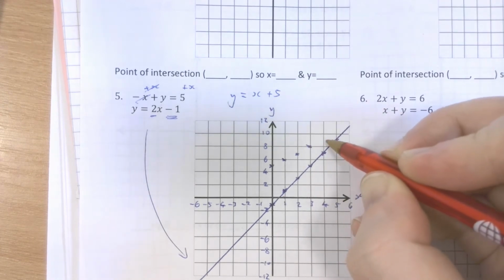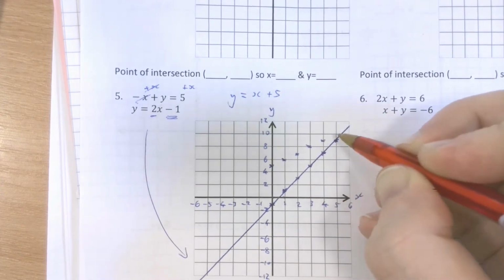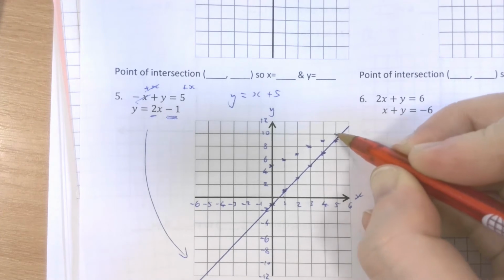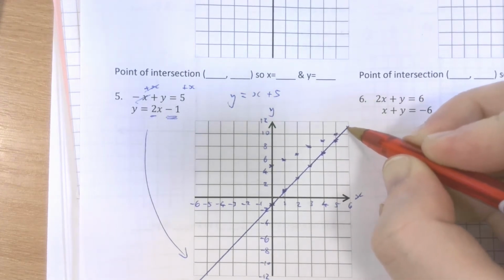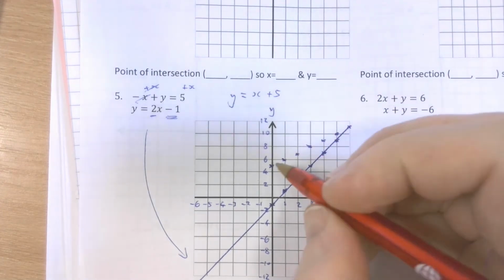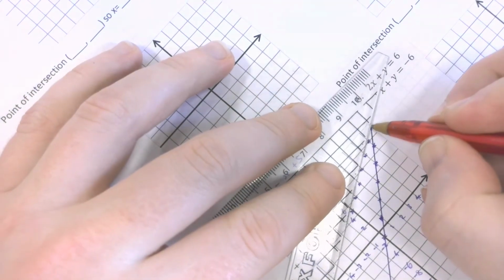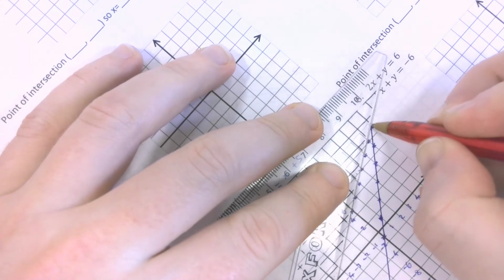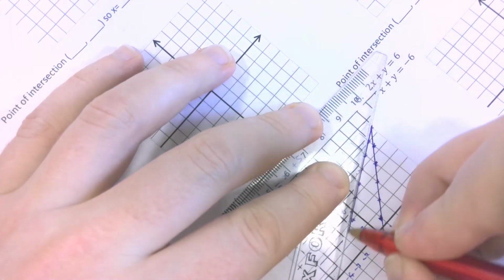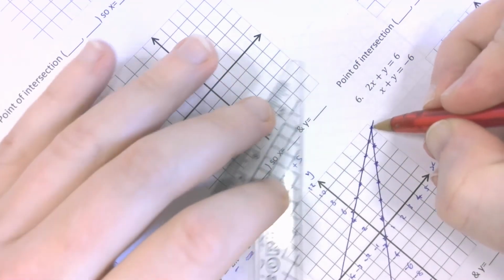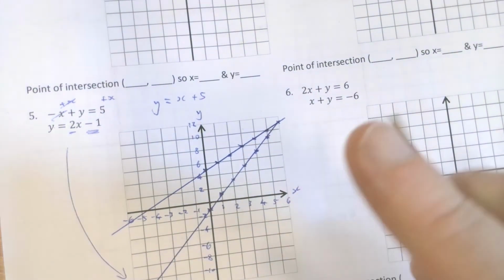Oh, crumbs, we should be seeing... It's laborious. We have to be very, very careful. But you should be seeing the lines meeting at this point here. Look at that.